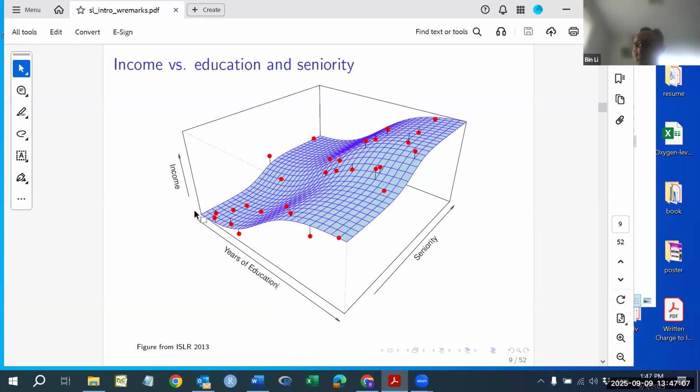We want to fit a model to estimate the employee's income level based on their years of education and their seniority. Okay, and this is one of the models, and obviously this is a nonlinear model. And you can see there are some dots above the fitted surface, and some are below, right? So you can see this dot is below, but these dots are above the surface, okay?